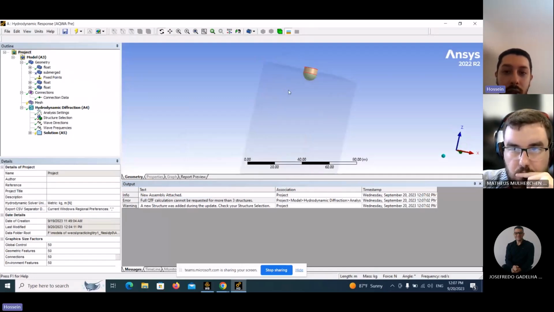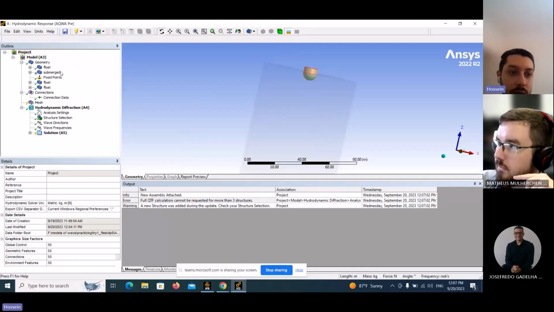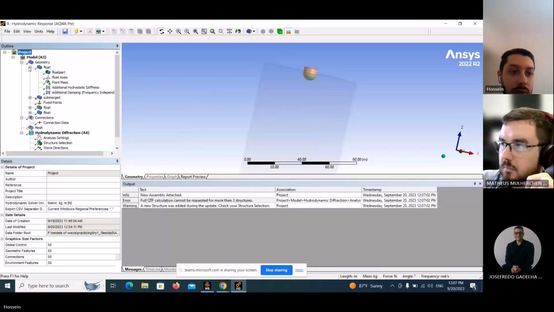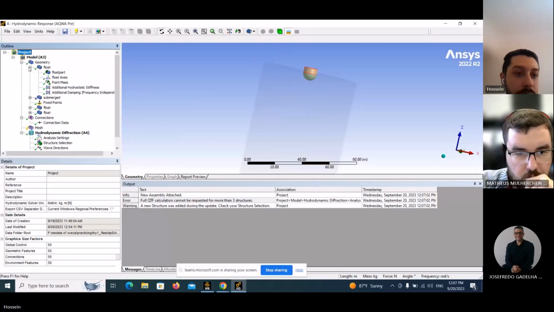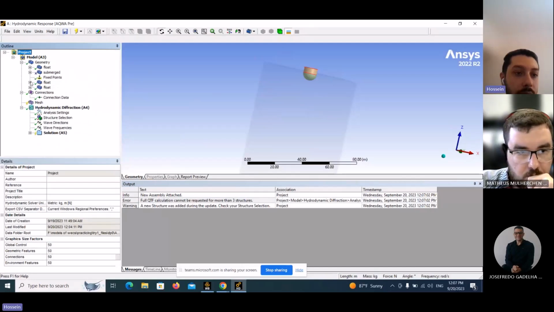You should put it on share. Now you can see that again we have three float components.